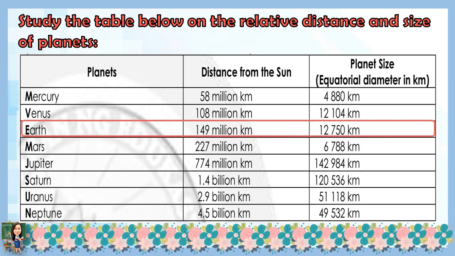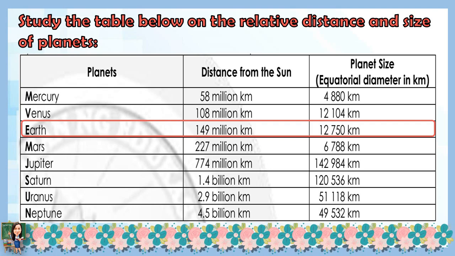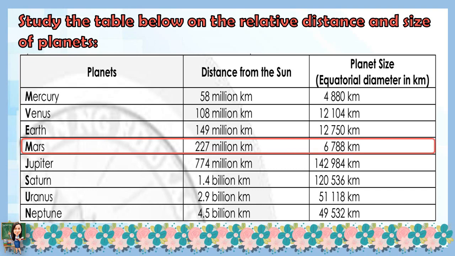The planet Earth has 149 million kilometers distance from the Sun and 12,750 kilometers planet size. Planet Mars has 227 million kilometers distance from the Sun and 6,788 kilometers planet size.